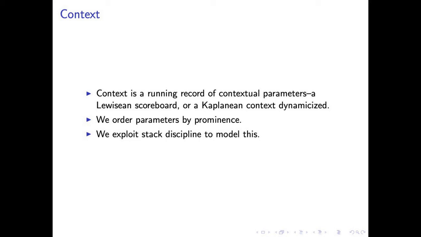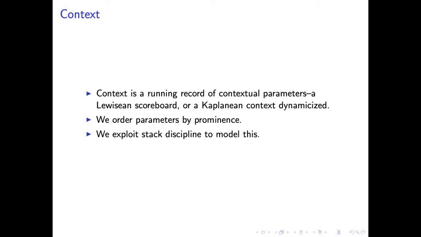And now, we can model that as a kind of stacked discipline, taking an assignment function as a kind of stack that ranks possibilities according to their contents. And then we're going to think of the meaning of a discourse as a kind of relation between contexts, between stacks of this form, in a dynamic framework that is going to incorporate the effect that the discourse has on the prominence ranking of possibilities.